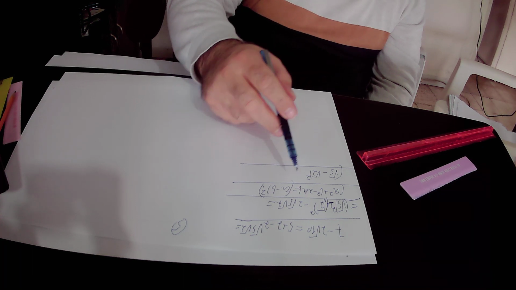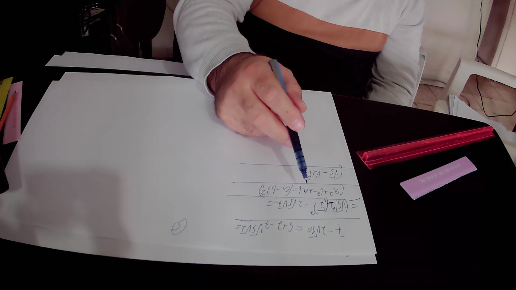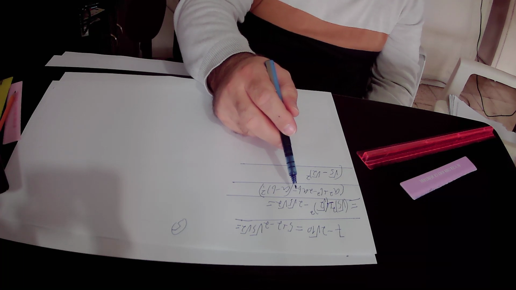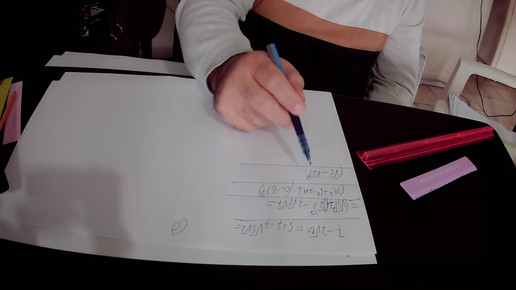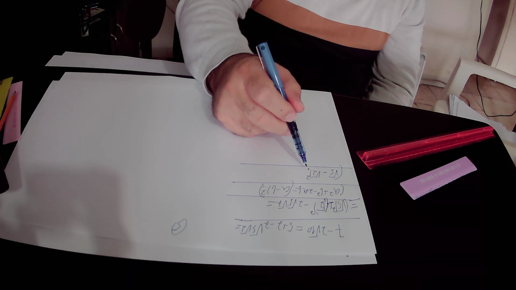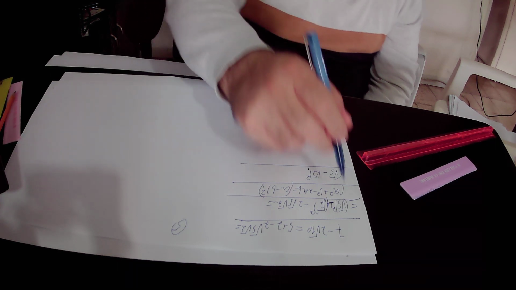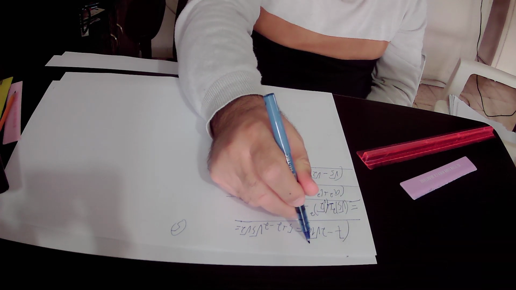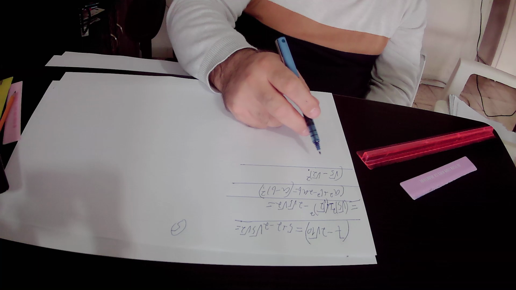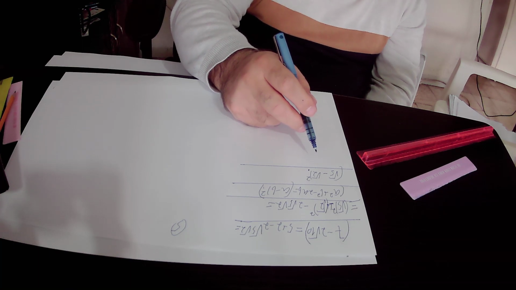The expression square root of 5 squared plus square root of 2 squared minus 2 times square root of 5 times square root of 2 equals (square root of 5 minus square root of 2) squared. So in conclusion, we found out that the expression 7 minus 2 times square root of 10 is equal to (square root of 5 minus square root of 2) squared.